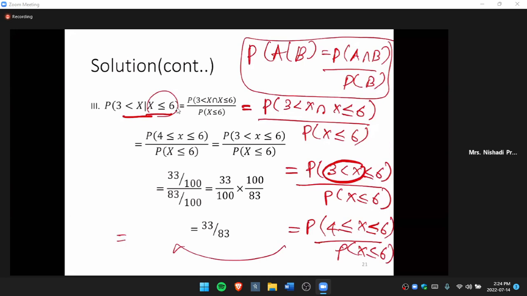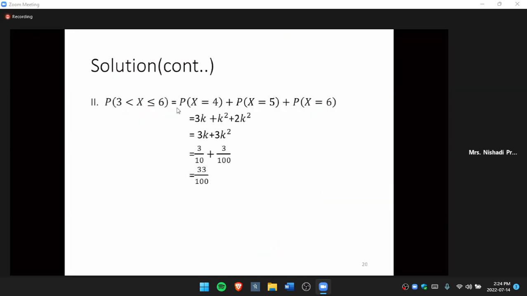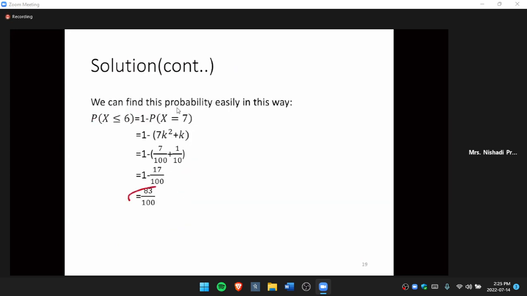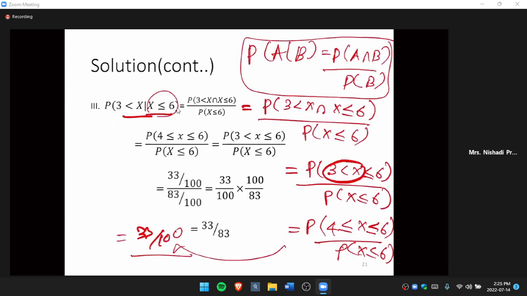P(4 ≤ x ≤ 6) was found here, 33/100. And that should be divided by the probability when x ≤ 6, which was found earlier, 83/100. The 100s cancel out. Finally, you will get 33/83.